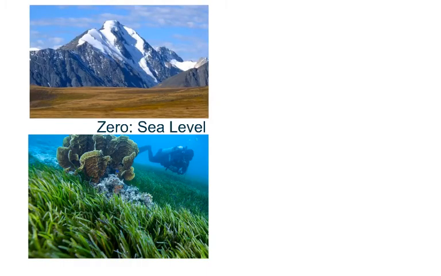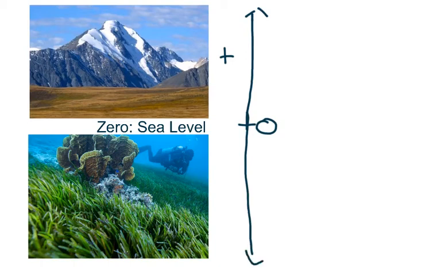Now let's look at the example where 0 is at sea level. Again, anything above 0, above sea level, is going to be positive, and anything below sea level is going to be negative. So let's say that we climb the mountain 20 feet.